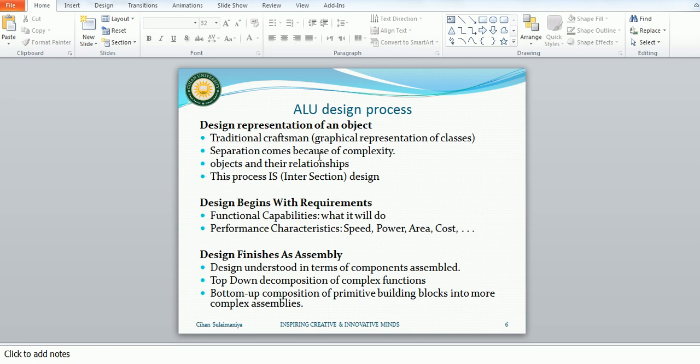Separation comes because of the complexity, so you have to separate your work. How many graphs do you need? Two graphs, three graphs. First of all, you have to simplify your work, because of complexity. For each graph, you have to give what the object is. One graph, for example, is for addition, adding three or four numbers. A second graph is for multiplication.